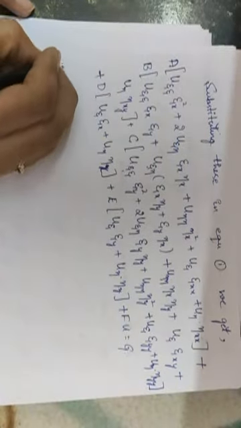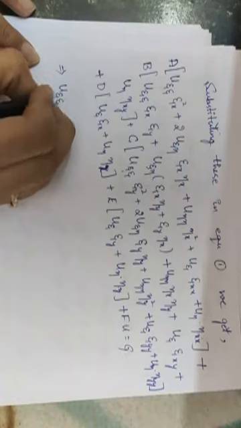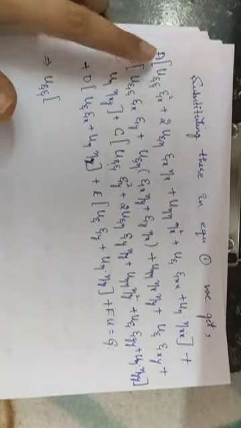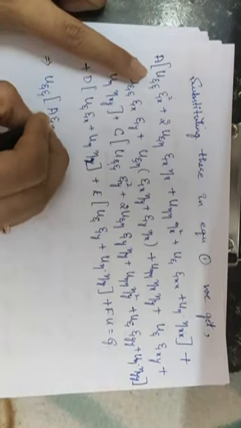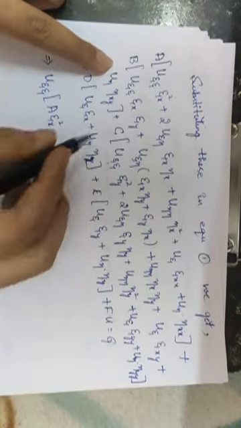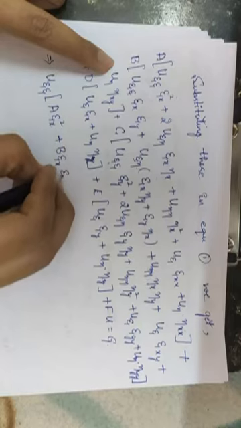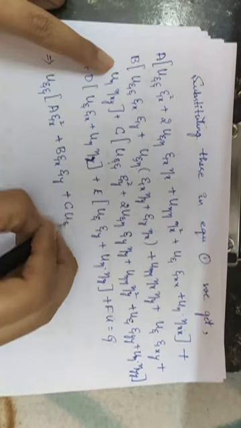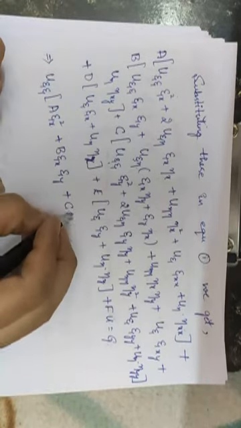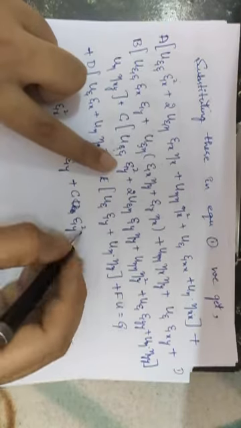Now this equation becomes, I can take u xi xi as common. If I take u xi xi as common, I will get a xi x square plus b xi x xi y plus c xi y square, right?